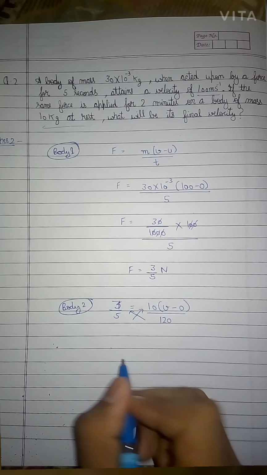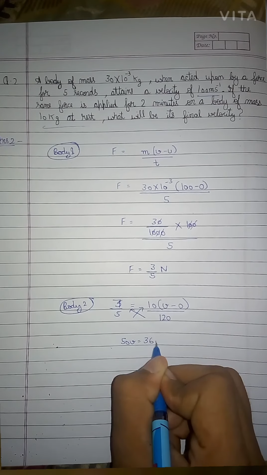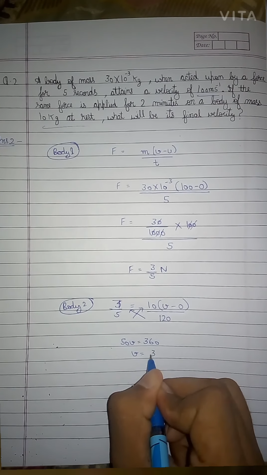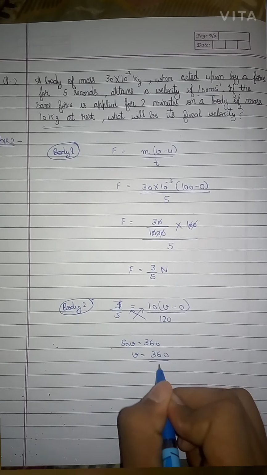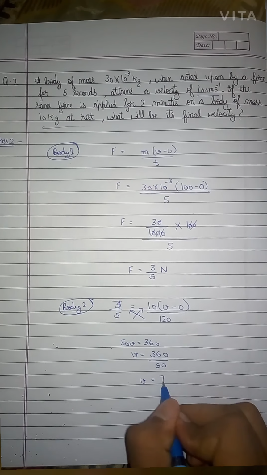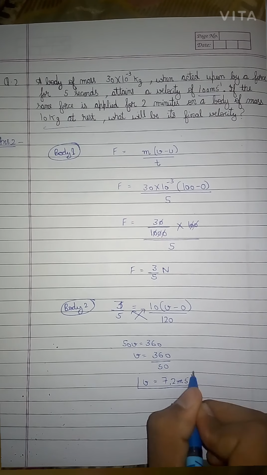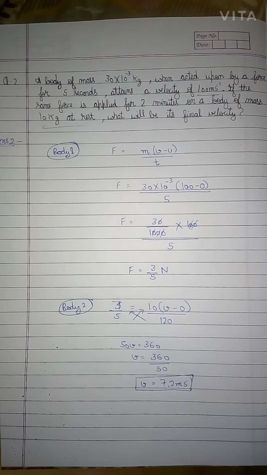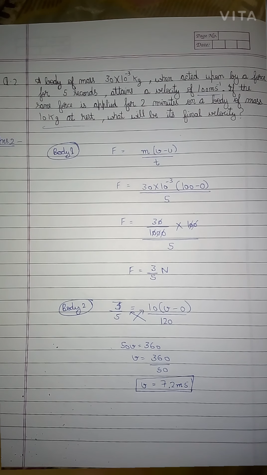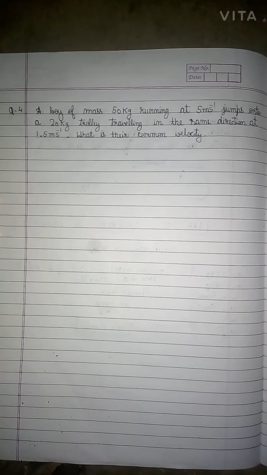We will cross multiply it. 50v is equal to 360 and v is equal to 360 upon 50. Therefore v is equal to 7.2 meter per second. The final velocity of the body 2 is 7.2 meter per second.